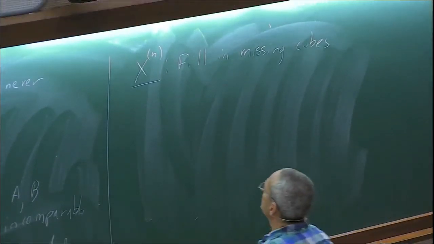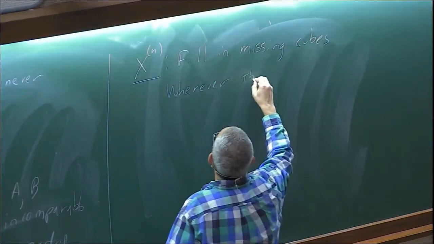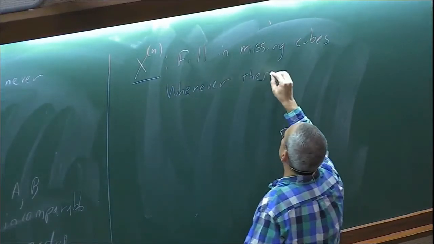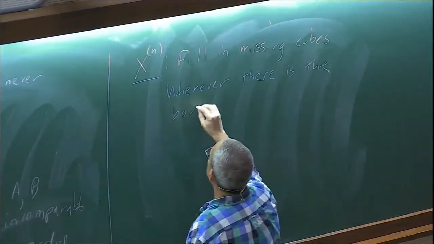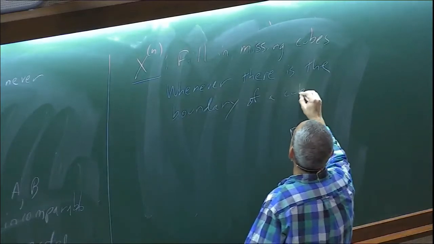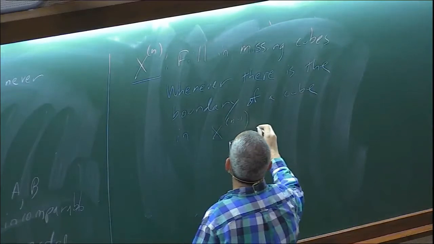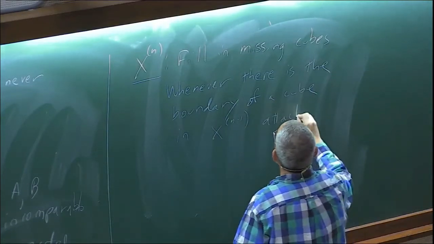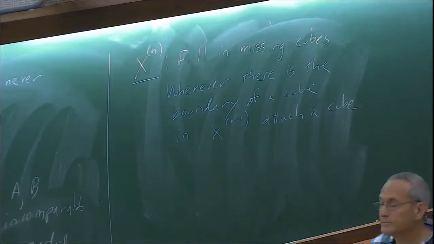So whenever there is the boundary of a cube in xn minus 1, attach a cube to it. Okay. And that's it.